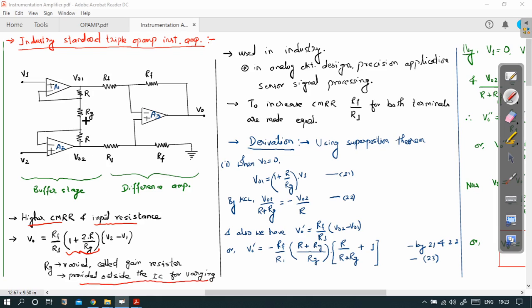So you as a user can change the value of Rg, and remember this is in the denominator. So when you make it small, the gain increases. When you make it large, the gain decreases.